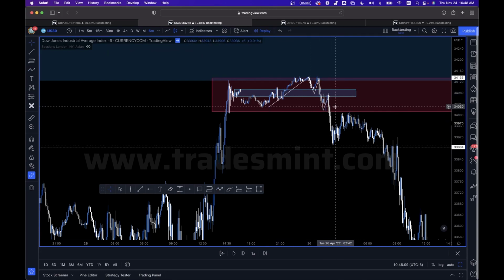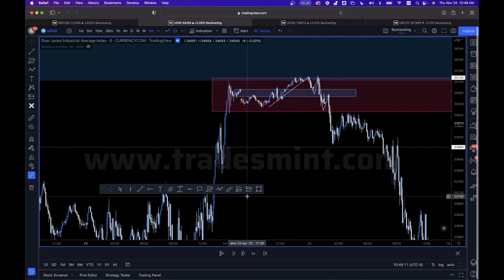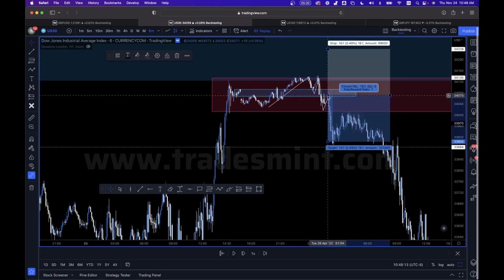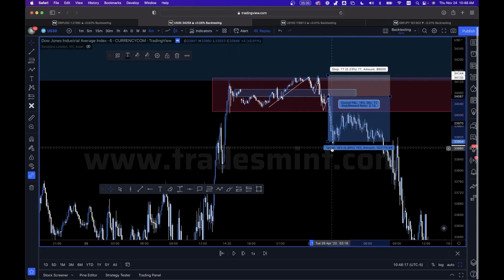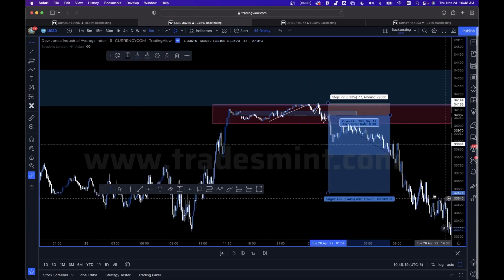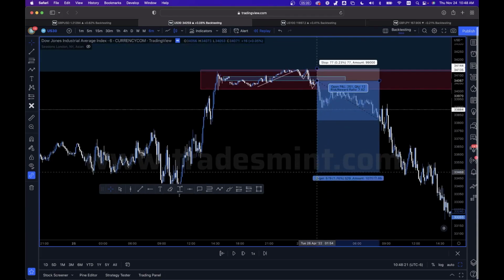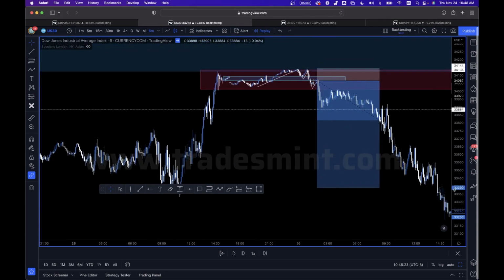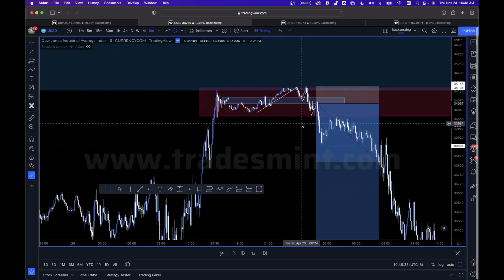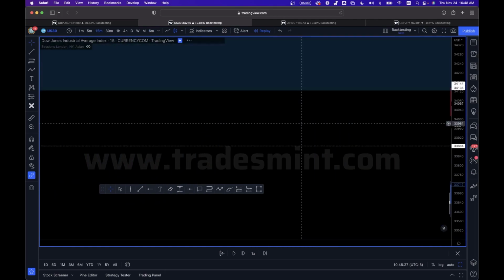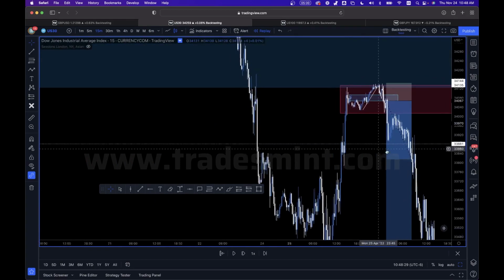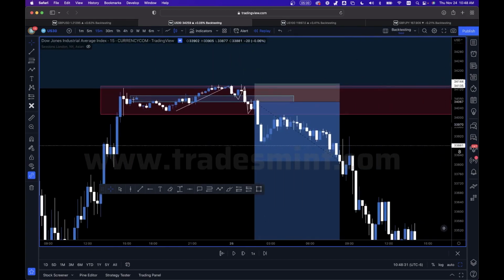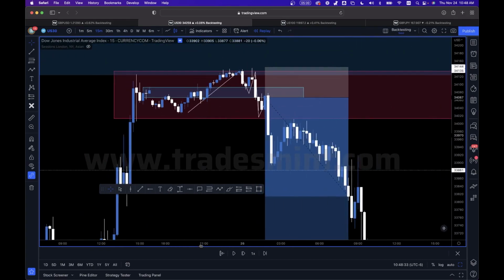When we have that break of structure in the 15-minute, on the 5-minute, this right here is good enough confirmation for us to enter. So we should have a 5-minute break of structure and a 15-minute candle. Yes. Here. Beautiful.